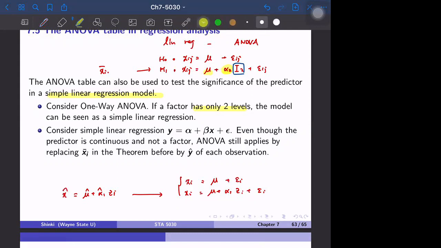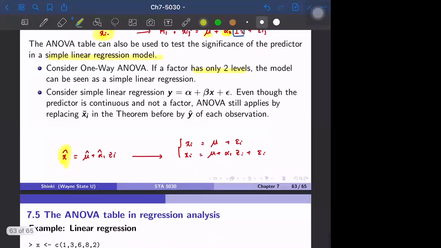So we have to replace this estimate by this one. Remember that the sum of squared residuals has a formula that includes x_i bar dot, but here we replace x_i bar dot by x hat. In this way, we can apply the ANOVA table theory for simple linear regression.